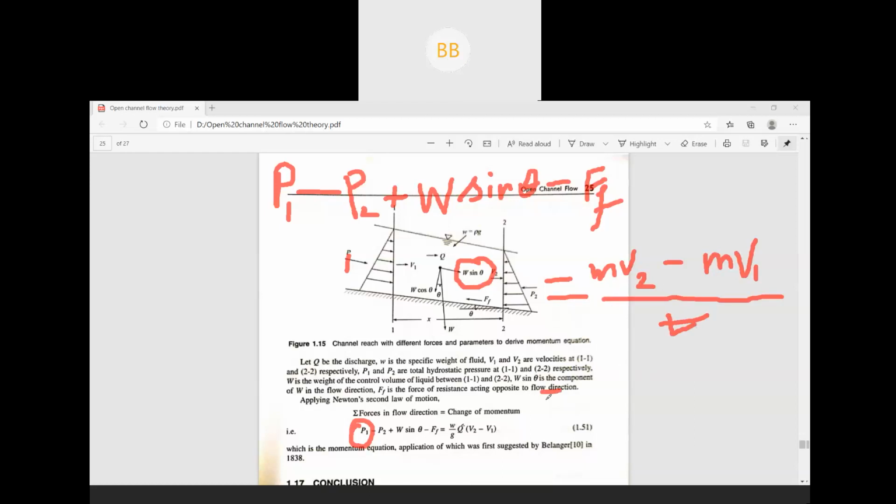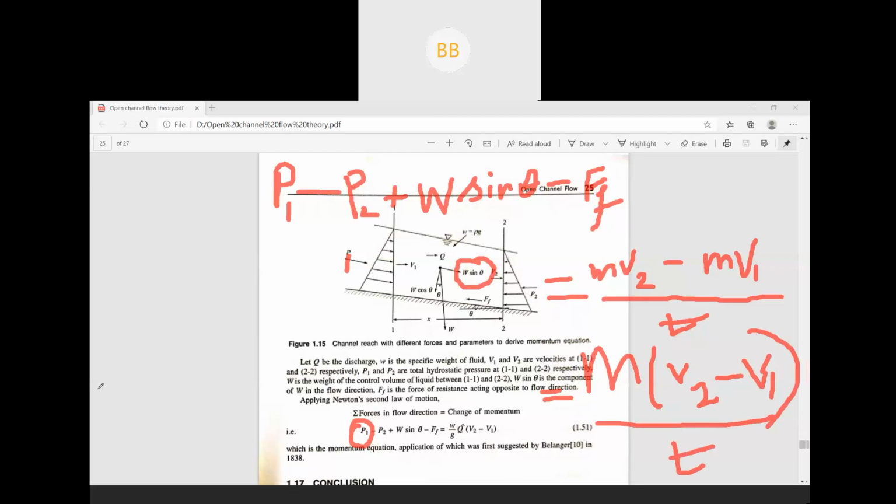So you can take mass common, then v2 minus v1, divided by time.